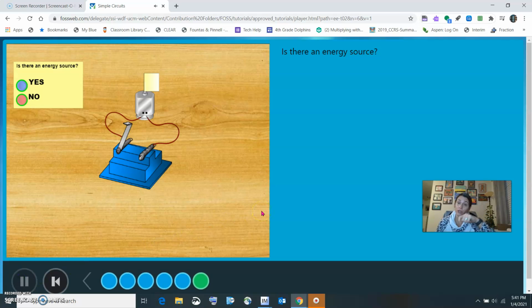Okay, so when you are turning on and off your light at your house, what we just learned with the switch is when it's open, the light is off. When it's closed, the light is on. So when I turned on my light, it closed that circuit and the light comes on.